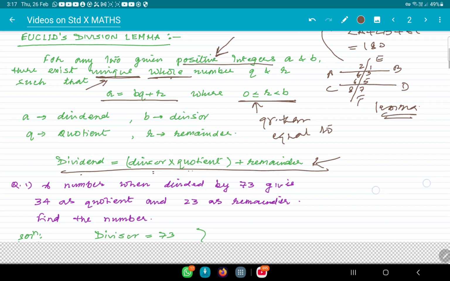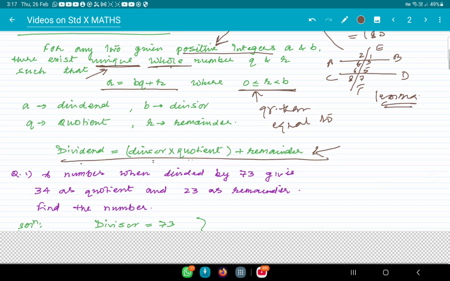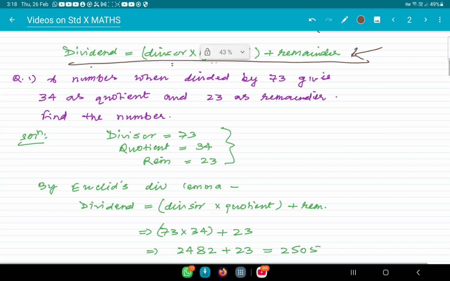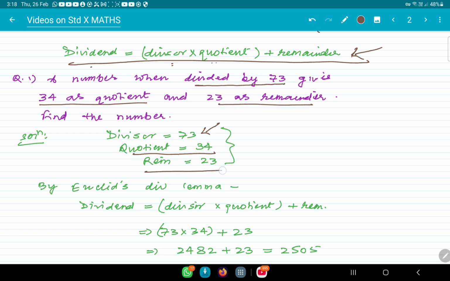Euclid's division lemma. Now we are taking the first question: a number when divided by 73 gives 34 as quotient and 23 as remainder. Just pick the keywords. Since they are saying divided by 73, the divisor is 73, the quotient is 34, and the remainder is 23.